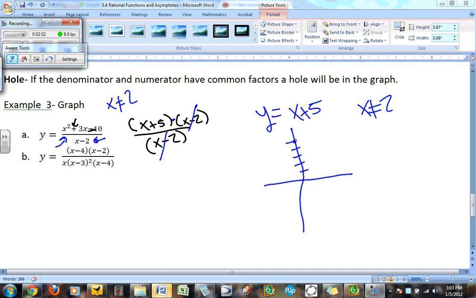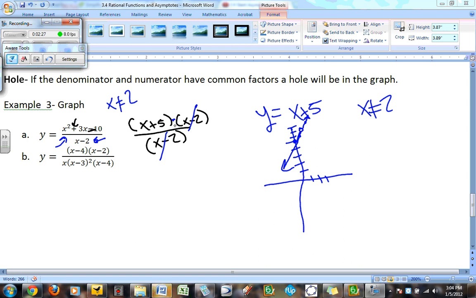And I'm going to go up 1, over 1, up 1, over 1. But when we go over 1 the second time, that's x equal to 2. All we do is put a hole here, and we continue to go up 1, over 1. It's going to look just like that line, except there's a hole at x equal to 2. So it's just a regular line, and it has a hole at the spot where we canceled out.